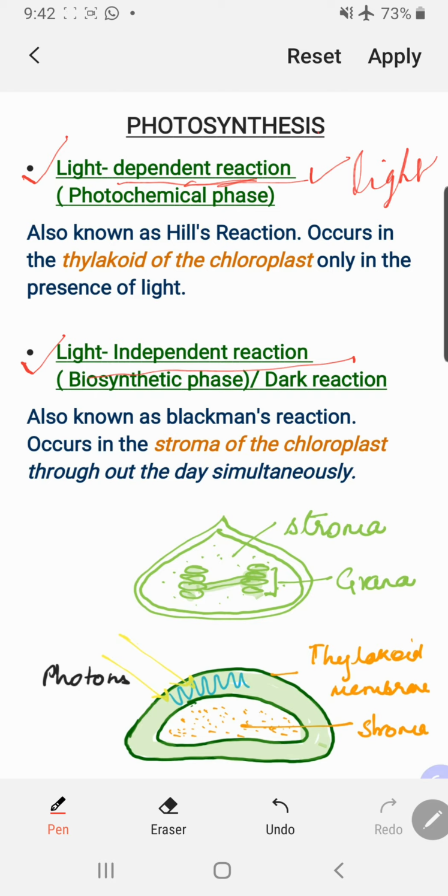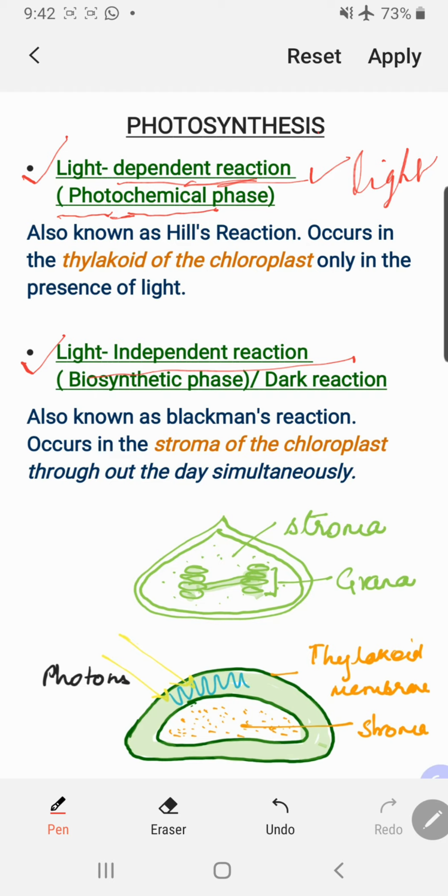Right, children? Apart from this, some extra information according to your syllabus. Light dependent reaction, since it involves light and various chemical reactions would go on, so this phase is also known as photochemical phase. In boards, this is asked sometimes as a one-word question, or sometimes as match the following, that photochemical phase is the other name for.